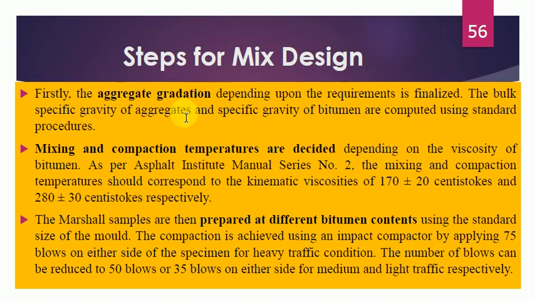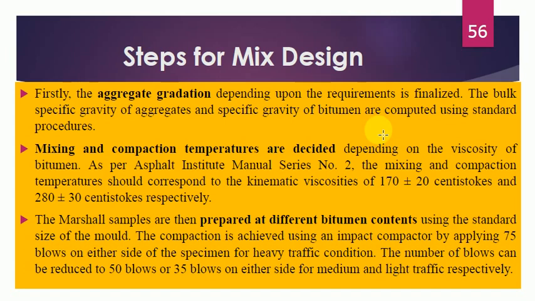So which layer property we want to use, we have to select first, then we select the gradation based on the thickness of the layer. As well as here the specific gravity of aggregate and the specific gravity of bitumen are computed using the standard procedure. Based on the aggregate tests, certain tests are used for the quality of your aggregate and the quality of bitumen. Among them, the specific gravity test is vital for the mix design calculation.